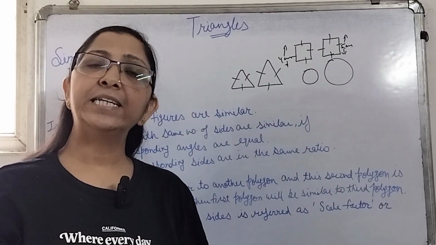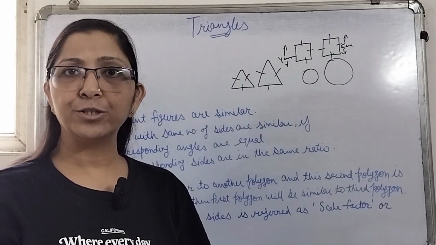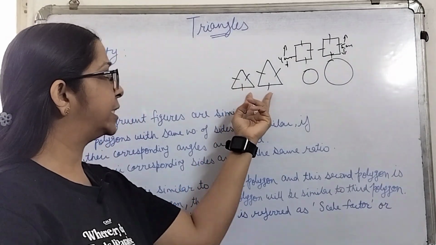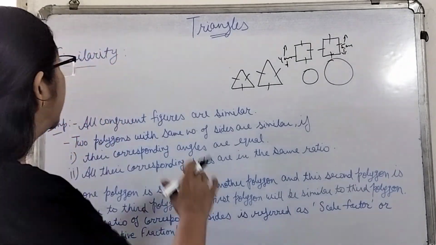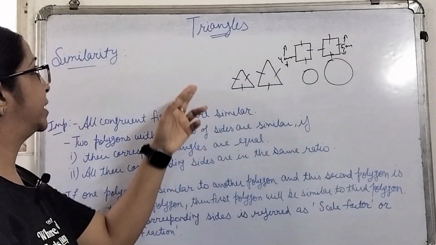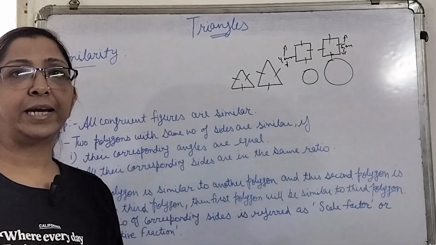If the measure of the side is the same, they will be congruent also. But if the side is different, in that case they will be similar. Here in this chapter, we will be learning about similarity of triangles.